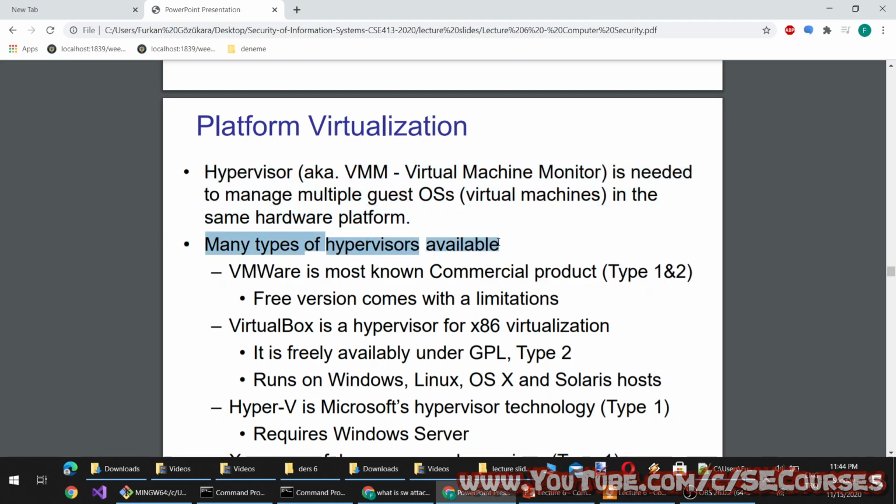I bet you have heard about VPS and renting a VPS. They are all done with virtualization, basically on a dedicated server. You can have as many virtual private servers. They are completely separated from each other and from the host environment.